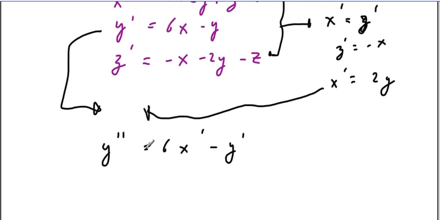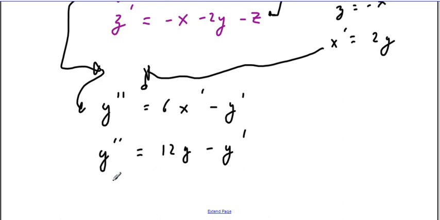We're going to do that first, and then apply that x prime is equal to 2y and come up with y double prime is equal to 12y minus y prime.